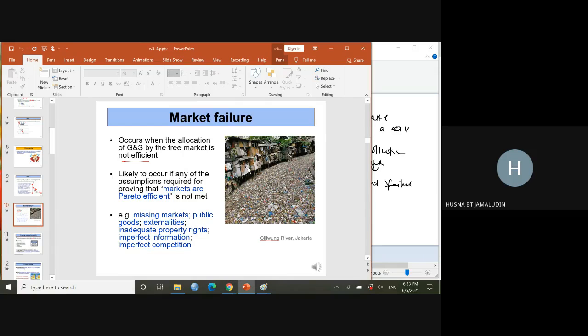So you can have many types of market failure, but sometimes they may not be serious, sometimes they may be serious. Okay, and public good is also one type of market failure. If you are living in a place, don't you have air to breathe in? Don't you have forest?